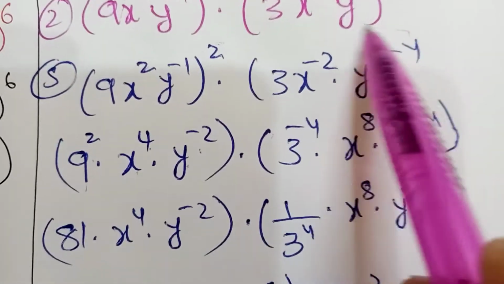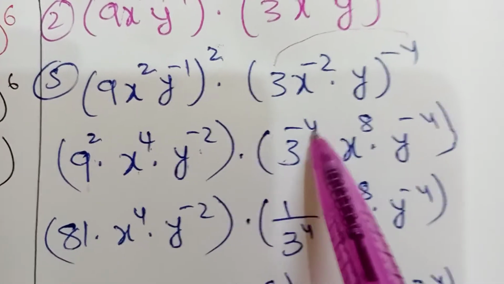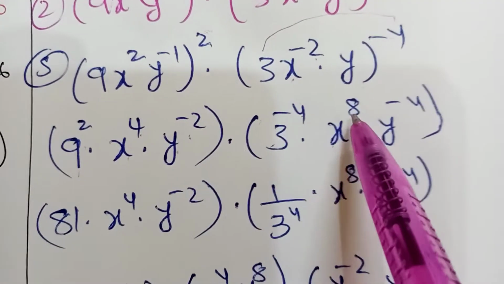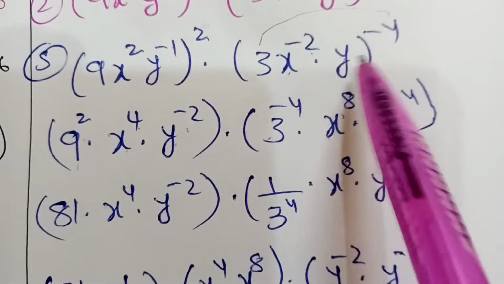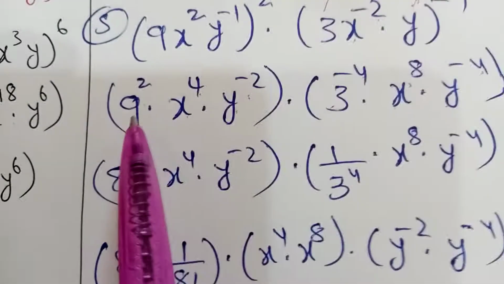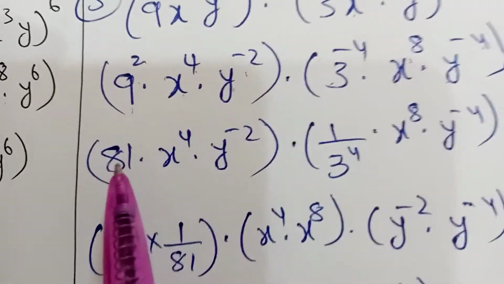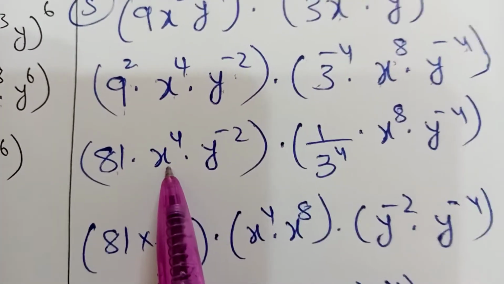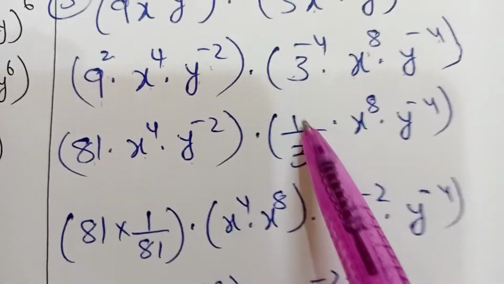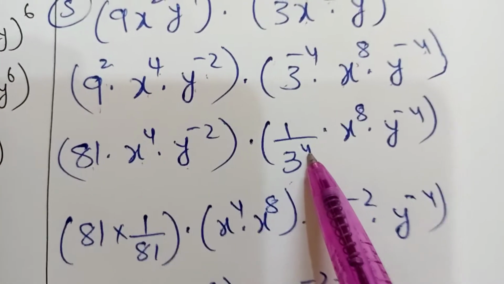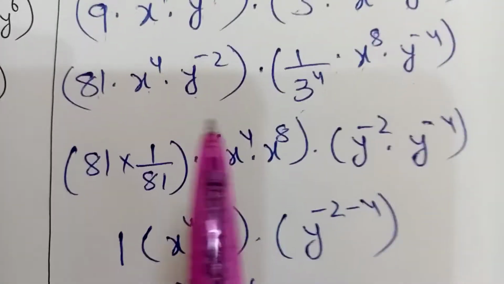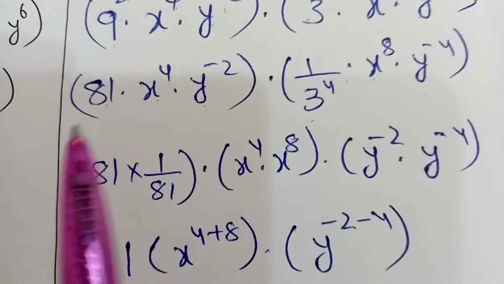Here 3 power of minus 4, x minus 4 into minus 2 plus 8, y minus 4 1s are minus 4. 9 square, 9 9s are 81. x power of 4 as it is, y power of minus 2 as it is. 3 power of minus 4, 1 by 3 power of 4 into x power of 8, y power of minus 4. Now numbers one side, x, y one side.